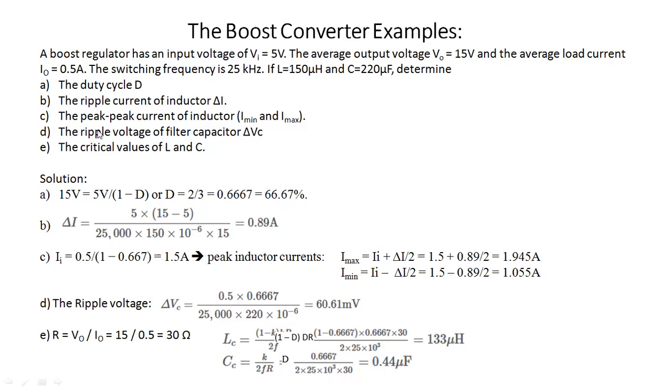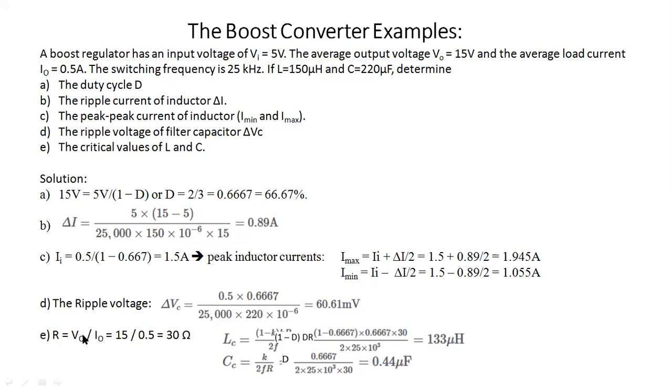After that, you are supposed to find the ripple voltage of the filter capacitors, that is delta VC. So you can calculate delta VC like this. Again, you are supposed to find the critical value for inductor and capacitor. For that you will require the value for resistance, but they have not given it.